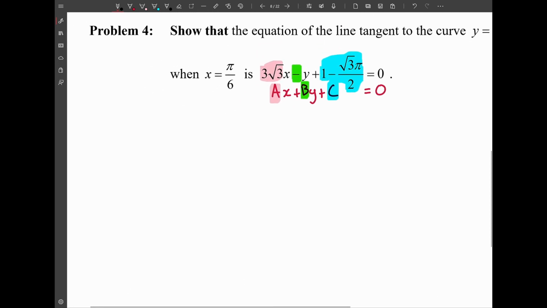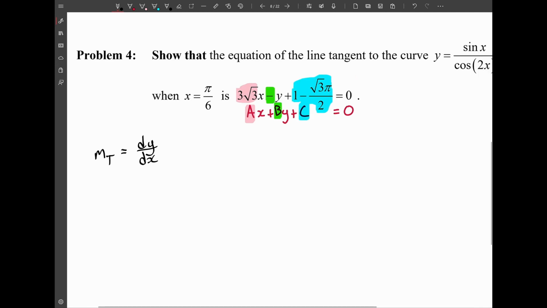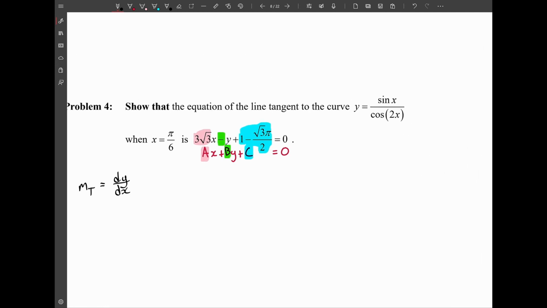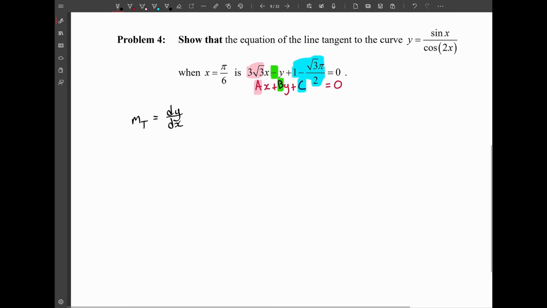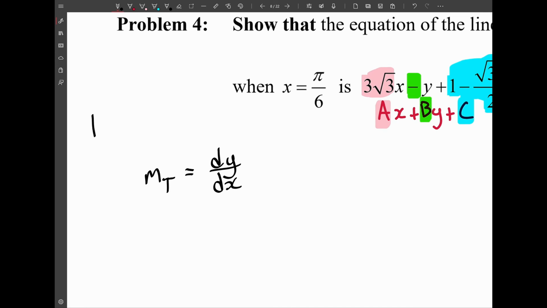So recall, the slope of the tangent to a curve is always the derivative. So slope of tangent is going to be the derivative, dy dx. So we need to take the derivative. Now, take note that we're clearly going to have to use quotient rule.